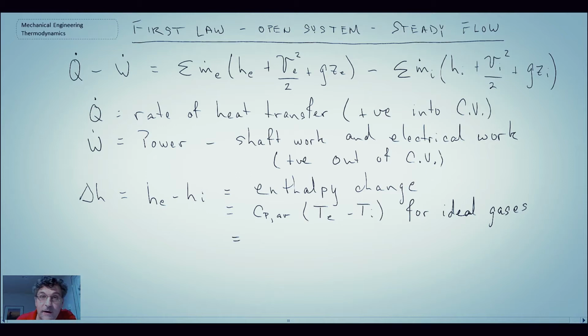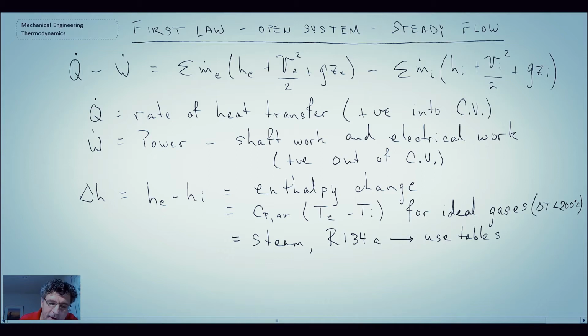And if you're dealing with a problem using either refrigerant or steam, use the tables from the back of the book. So I should say here, this is for delta T less than 200 degrees C. Steam, R134a, use tables.